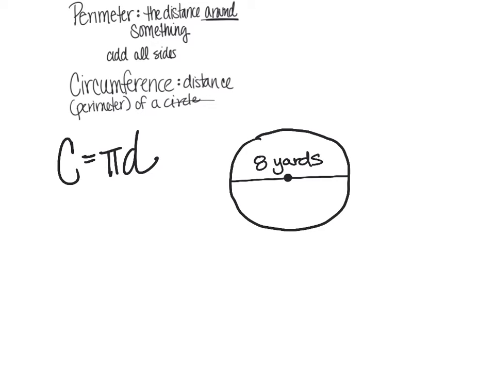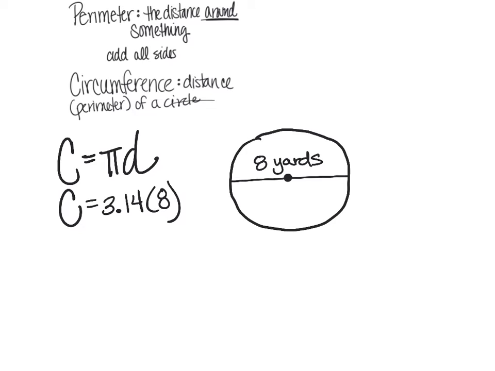All right. So do I know the circumference? Or is that what I'm looking for? Do I know it yet? So I'm going to put a capital C right underneath that capital C. Do I know what pi is? 3.14. Do I know what the diameter is of my circle? It is 8. And again, y'all, I know it seems silly to show that, but trust me, it's going to make things easier down the line.